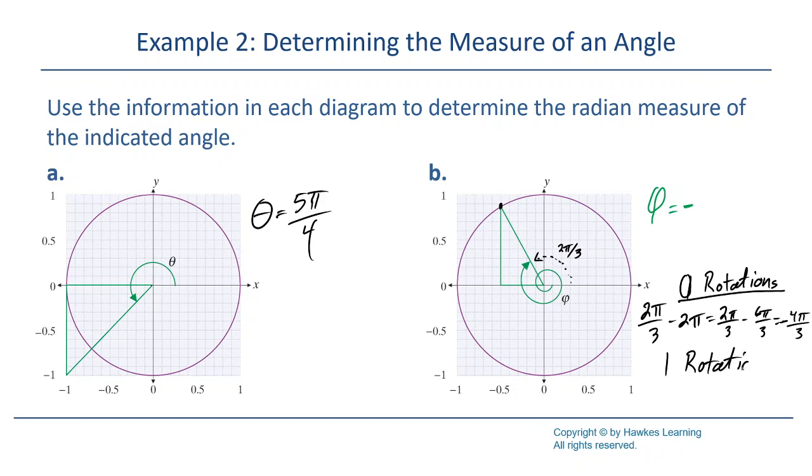So for one rotation, I take my negative 4 pi over 3, and I subtract 2 pi from it, which again will be negative 4 pi over 3 minus 6 pi over 3. So that will be equal to negative 10 pi over 3 for an angle.